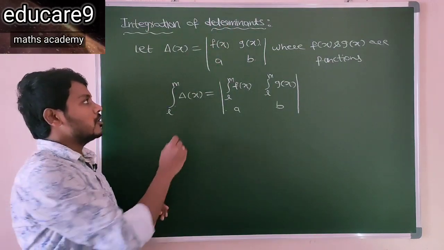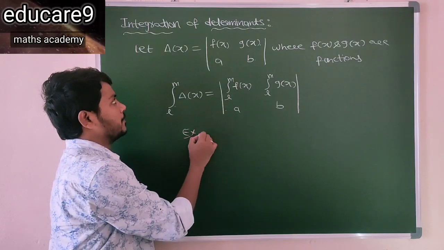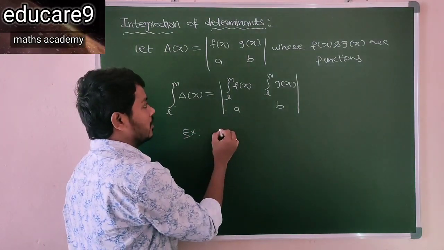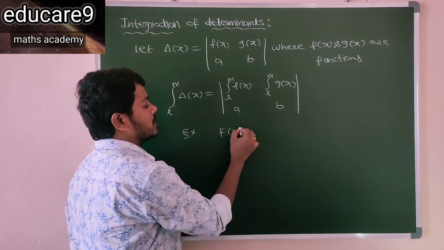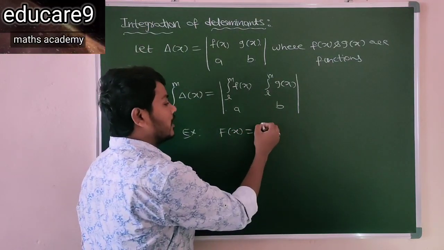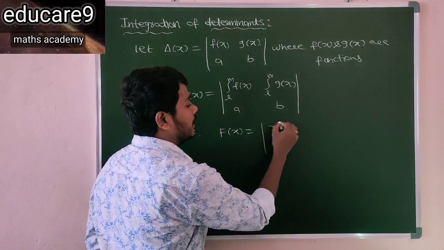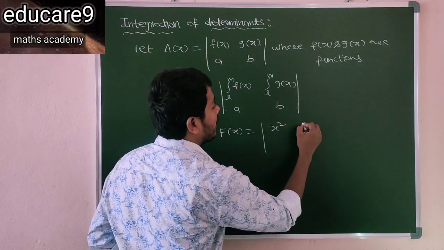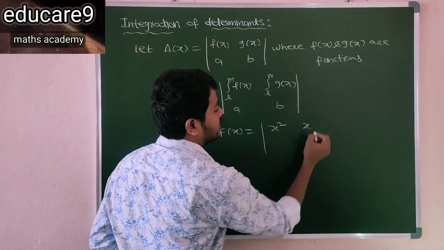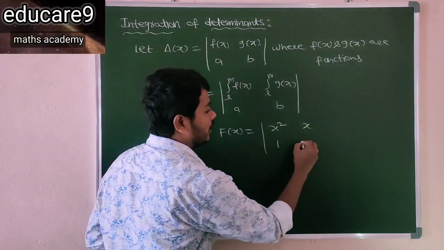Okay. So for example, f of x is equal to the determinant of x square and x, here 1, 2.